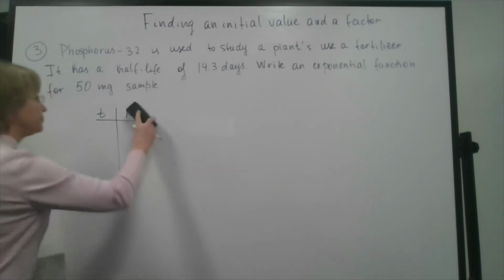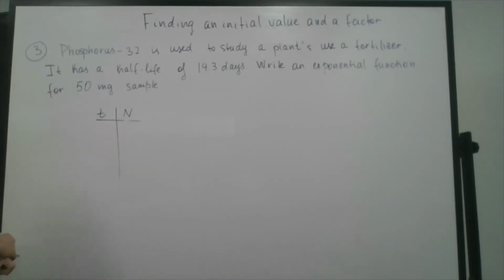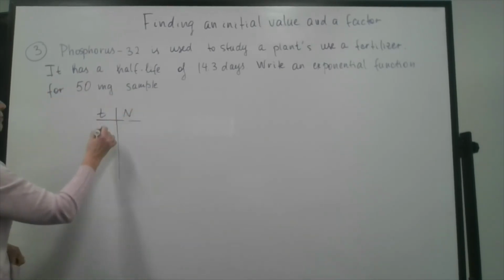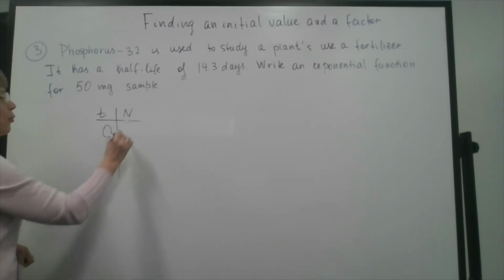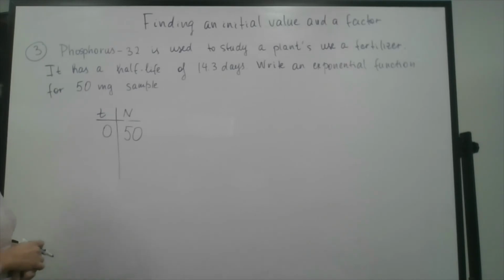This is my N. So, how can we write this? Write an exponential function for a 50 milligram sample. It means in the beginning we had 50 milligrams. This is our initial value.